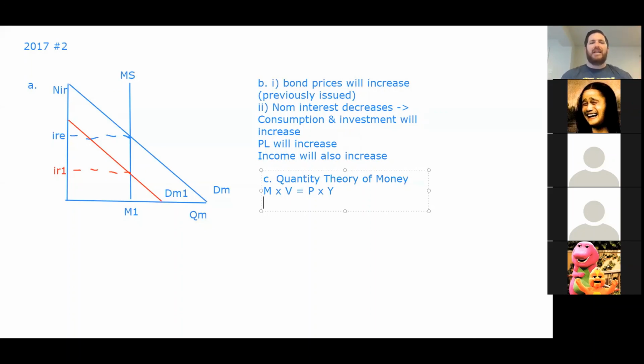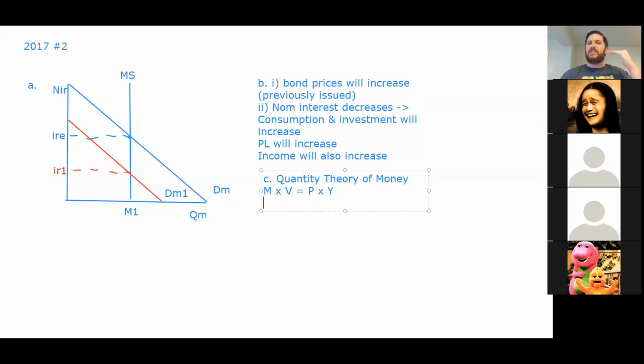The velocity of money typically inside of economies does not fluctuate. In the short run, sure, it does fluctuate. In the long run, it's actually pretty constant. And when we look at the quantity theory of money, we eliminate two variables out of the equation to make this very simple. So velocity of money, rather constant in the long run. On the other side of the equation, Y, or output, for the most part, is also pretty constant.